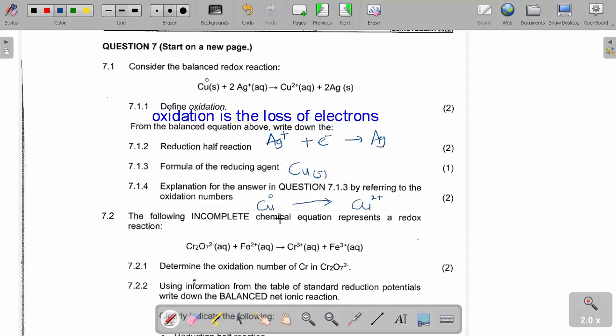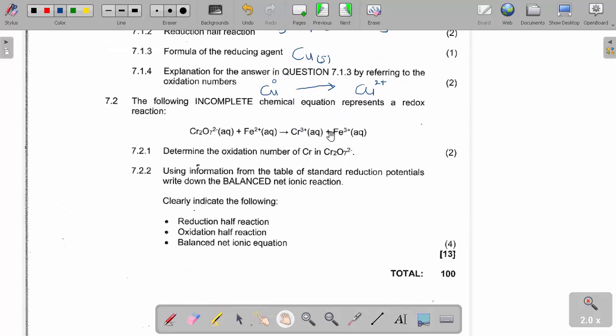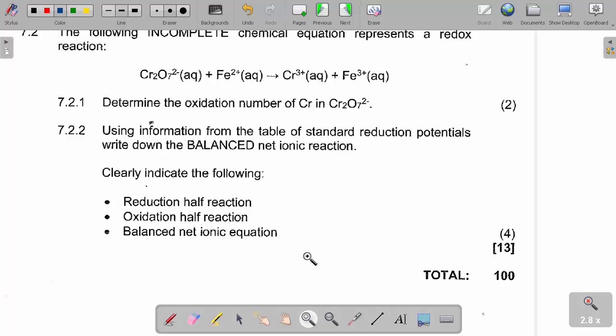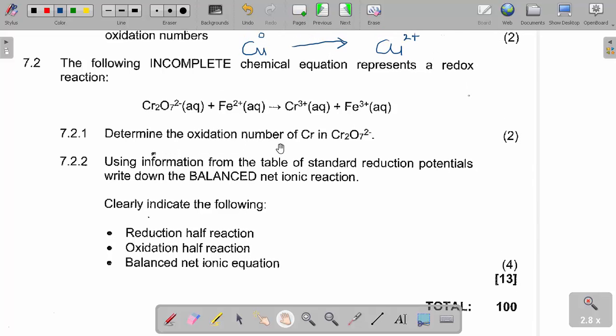Now they said the following complete chemical equation represents a redox reaction. Here we have the dichromate plus iron 2+ to give us chromium 3+ ions plus iron 3+ ions. Determine the oxidation number of chromium in dichromate ion. Okay. Now I want oxidation number in this case. So if you check properly, guys, to get my oxidation number for chromium in here, these are 2 chromium atoms.